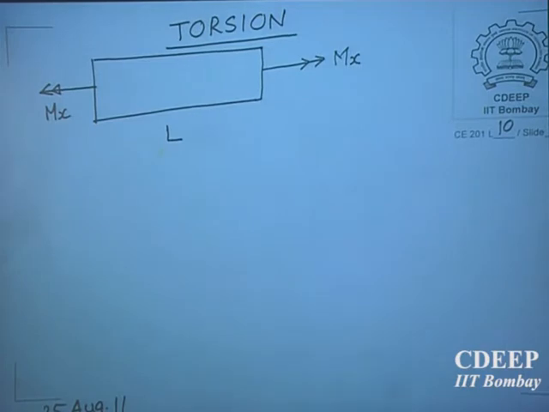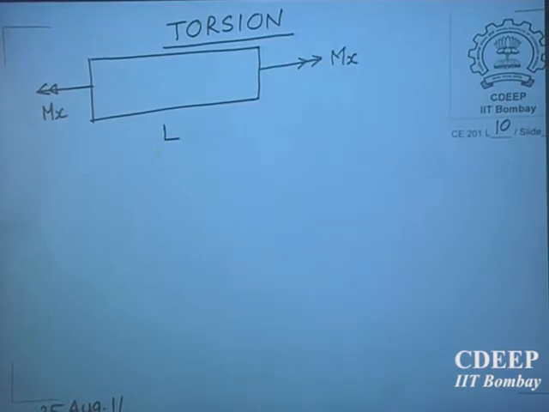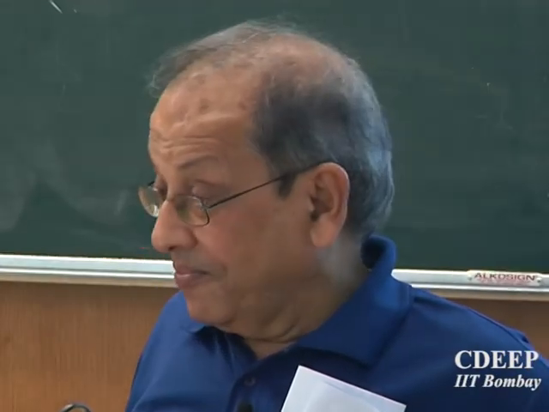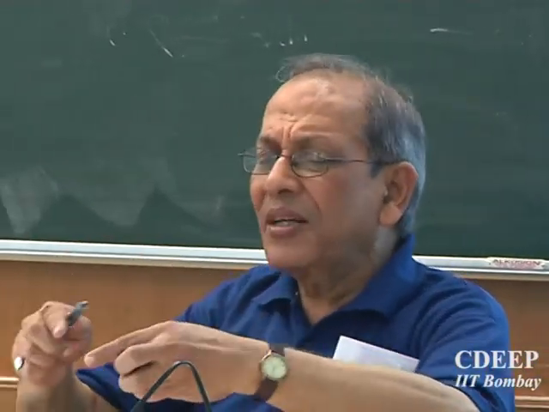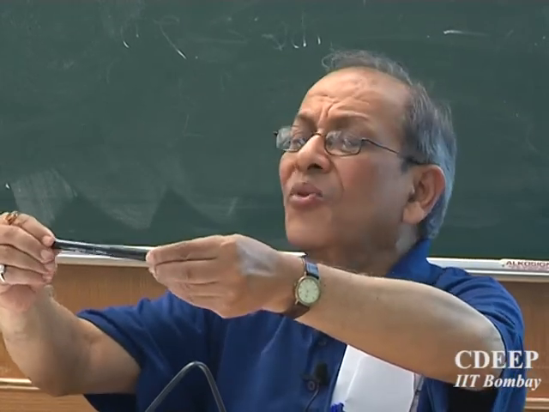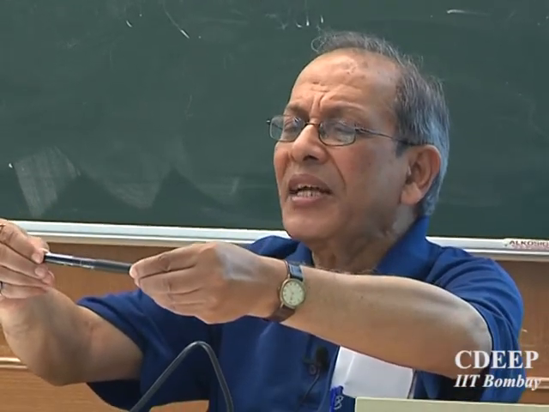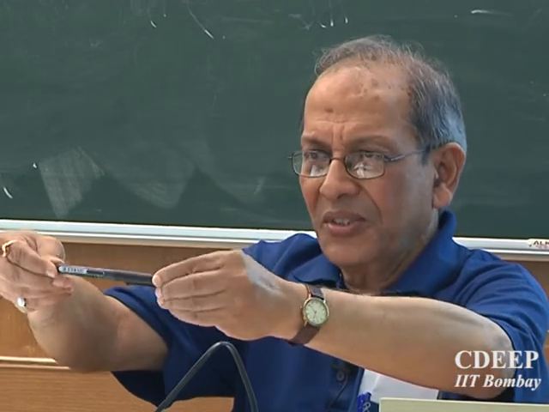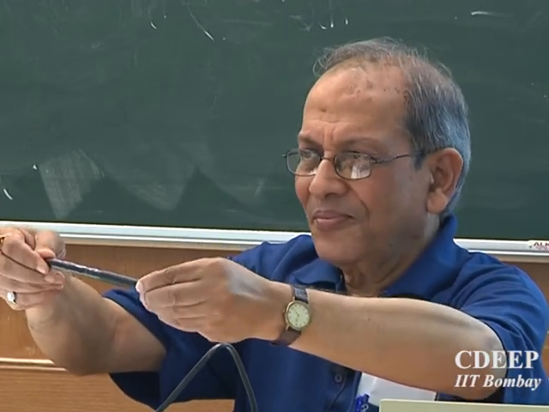Now, in axial member, cross section was not important. I think I told you it can be any cross section, triangular, rectangular, I section, any one. Now, here, if I want to apply a torque to this, what is the effect that it has got? It will try to twist this member, twisting action.